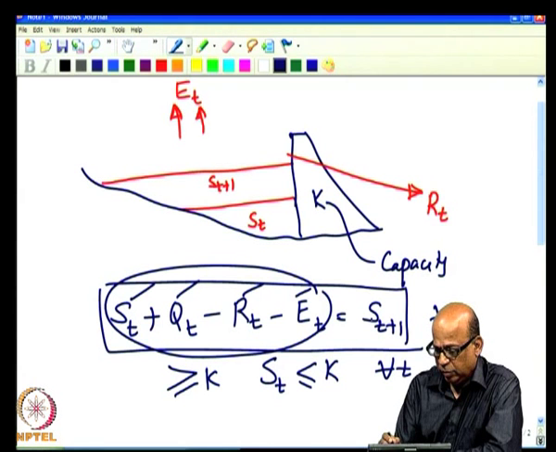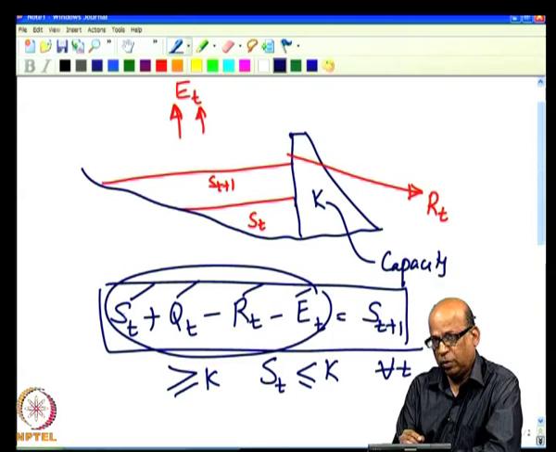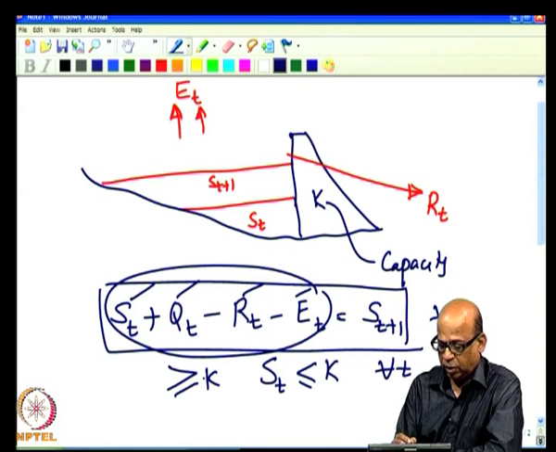Then what happens to the difference, St plus 1 so obtained minus the reservoir capacity? That has to be accommodated as spill.